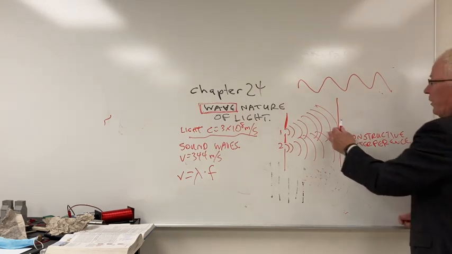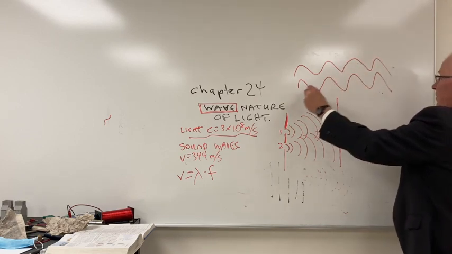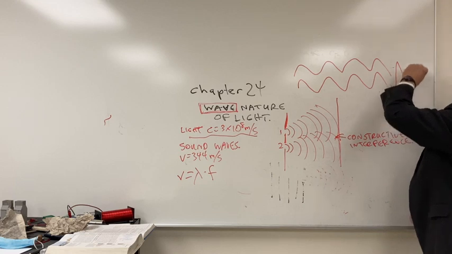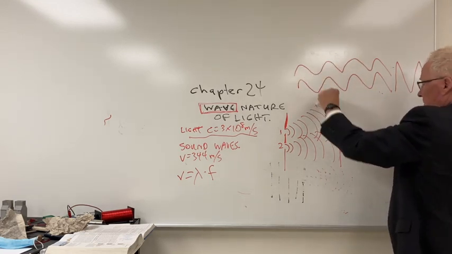Where you have a peak, if you have both of them together, the result will be a wave twice as big. All the peaks will add together, the troughs will add together.